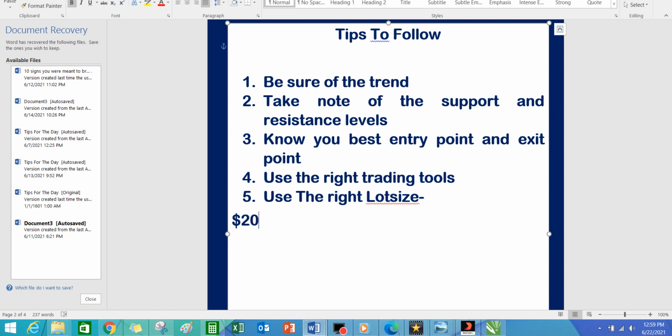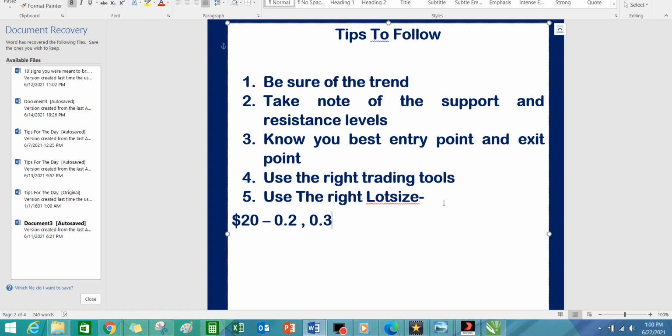Remember, the smallest lot size we are allowed to use on Boom and Crash, the normal lot size, is 0.2, which is too much for the $20 account. Of course, the highest lot size you can use for a $20 account is 0.3. Sorry, 0.3. All these are too much for a $20 account.